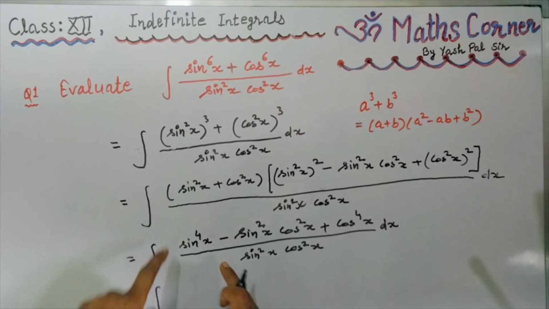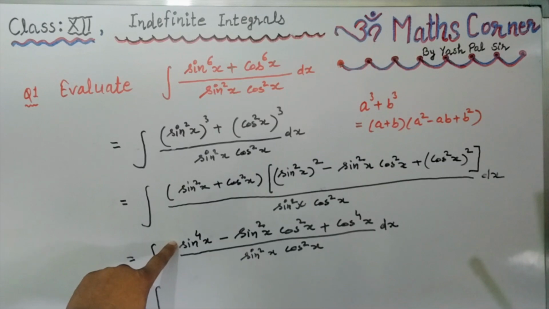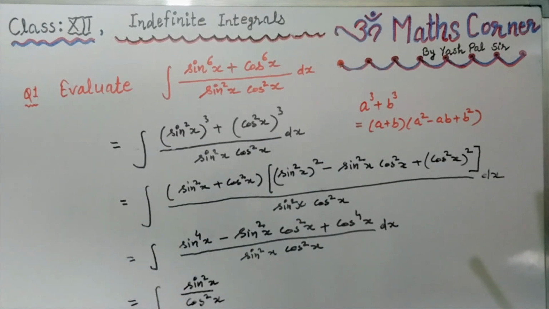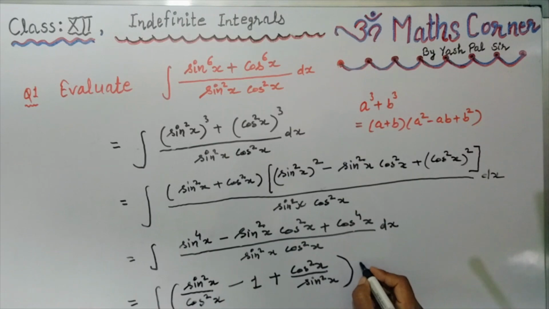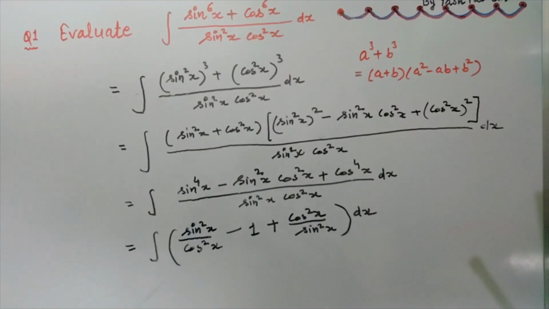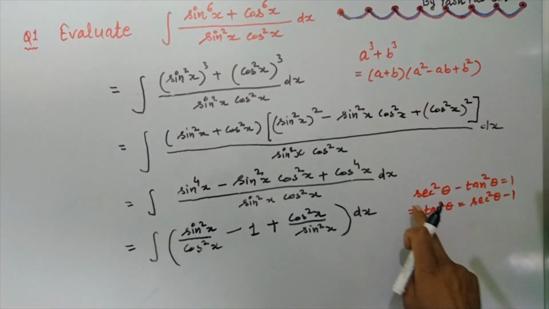Again we can write sin^4 x upon the denominator as sin^2 x upon cos^2 x. Next is minus sin^2 x cos^2 x over the same denominator, so only 1. Likewise, plus cos^4 x upon this, which is cos^2 x divided by sin^2 x, into dx. Now the first term is tan^2 x.